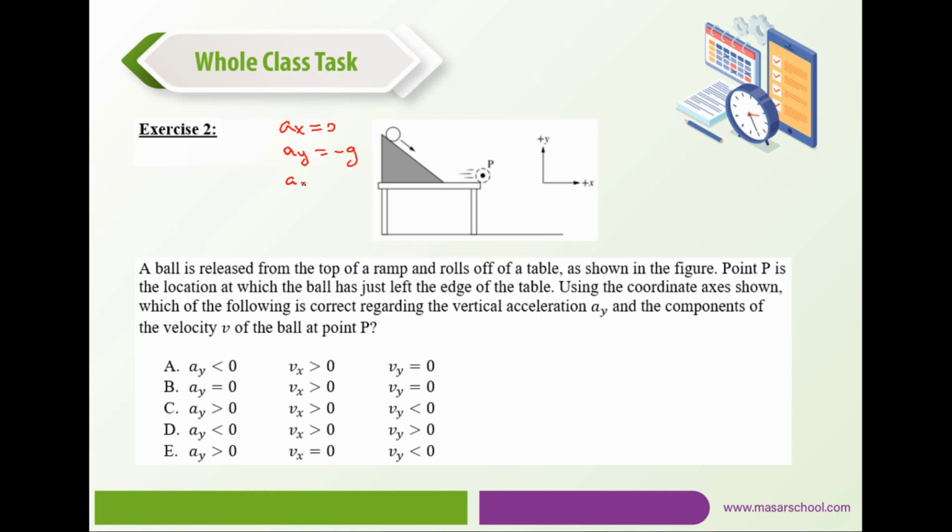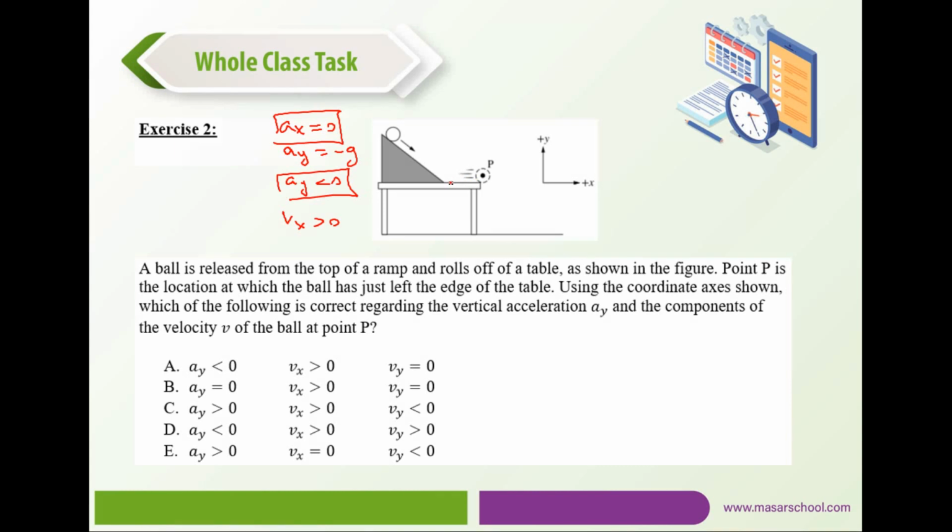So in this case, AY is negative because we're interested in comparing the value of AY to 0. So now we know that AX is 0, AY is negative, and we're interested in Vx and Vy. It's going to have a Vx in the positive direction, so Vx would be positive.